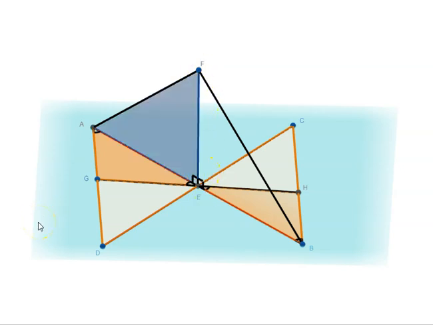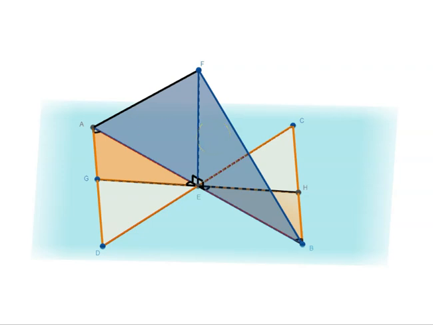So now again, this triangle is going to be congruent to this triangle. How? AE is equal to BE. EF is a common side, and these two angles in between these equal sides are equal. So side angle side. So these two triangles are congruent.